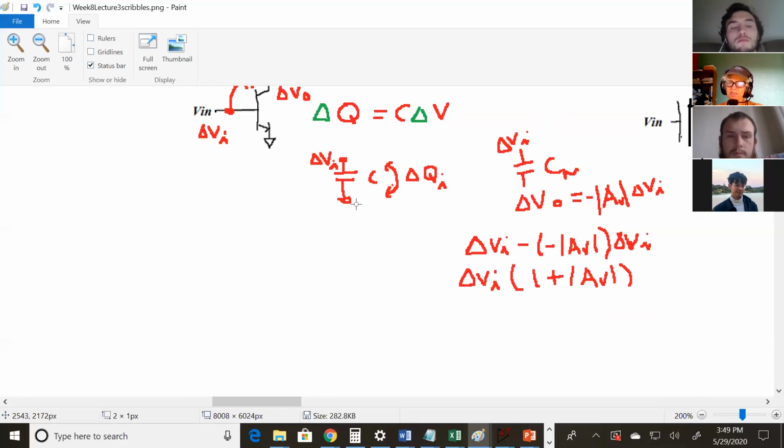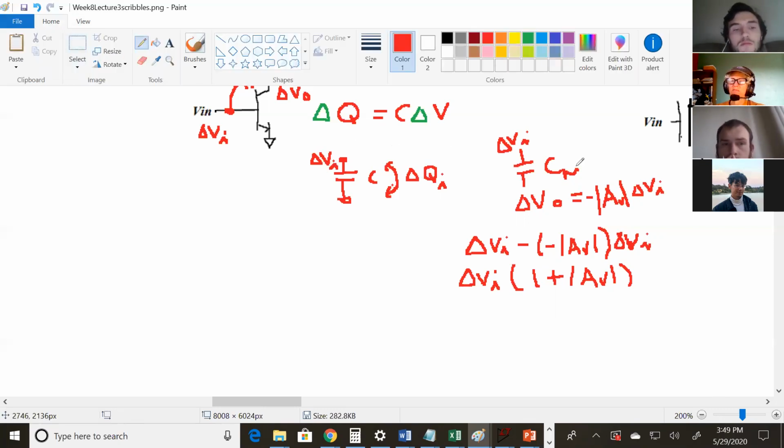How much charge did you need to make this delta VI change on this capacitor that has this side grounded? I just wrote it over here. I said, if this changes by delta VI, then you have a change of delta QI. Over here, what is the actual total change in charge? What does it have to be?